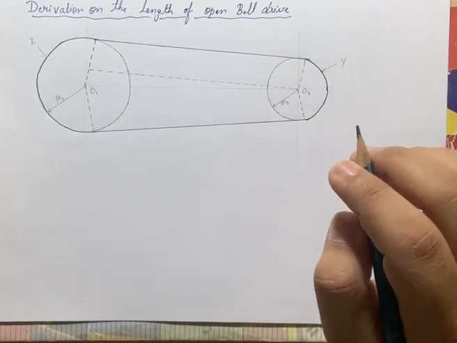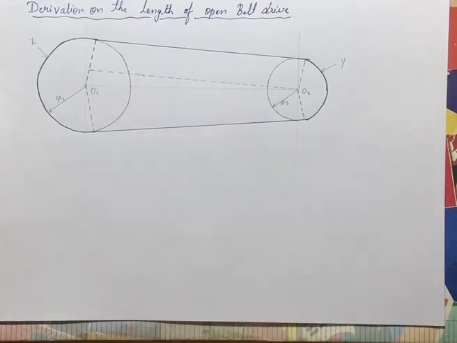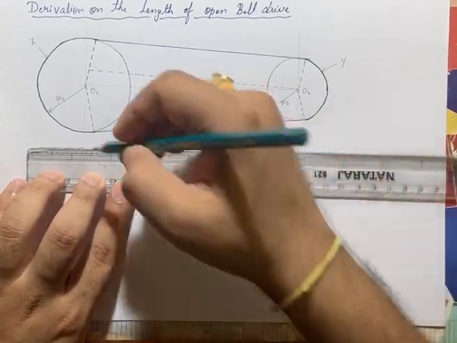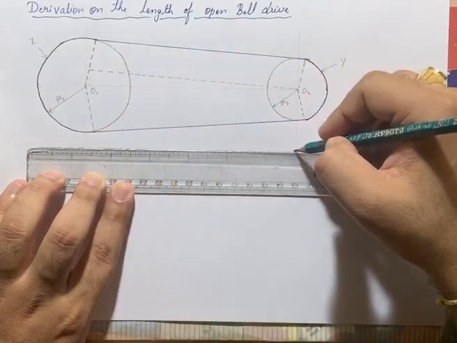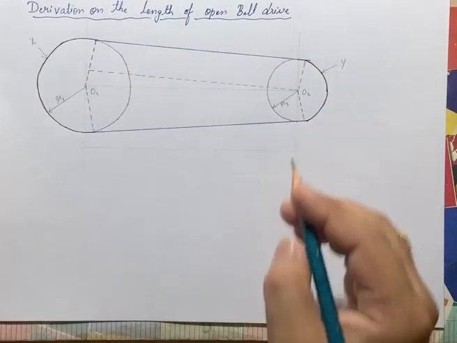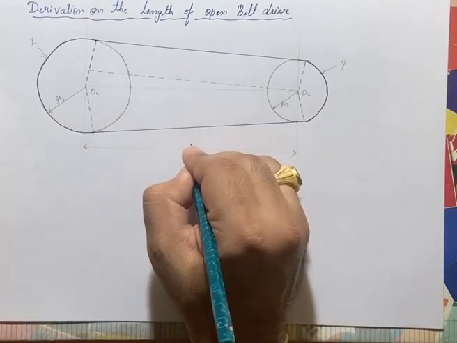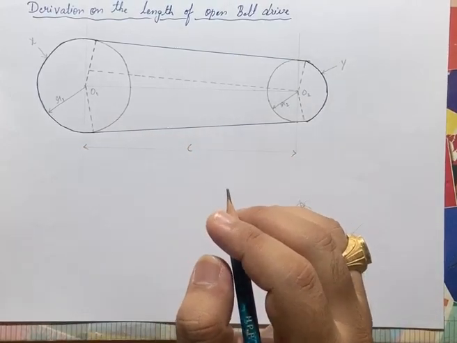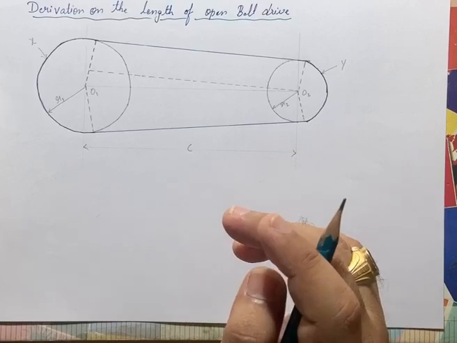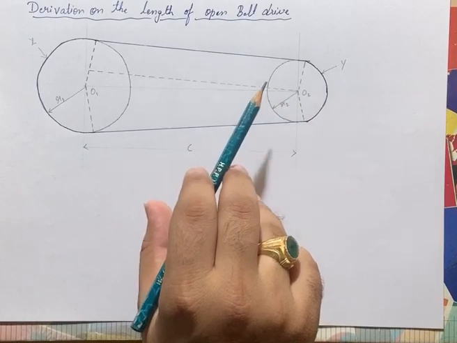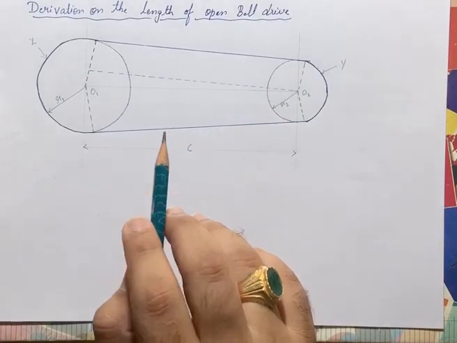Now this distance between the two pulleys I'll call C. C is the distance between the centers of the two pulleys, and O1 and O2 are the centers of the two pulleys.